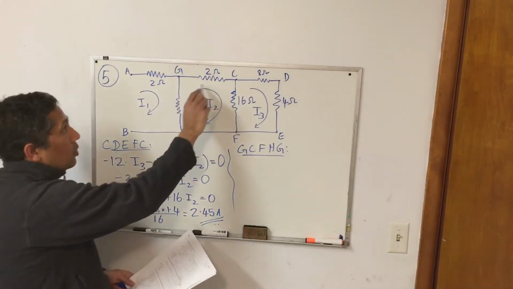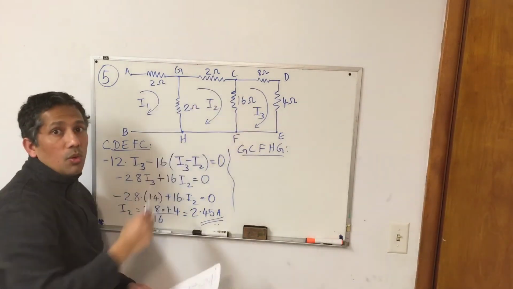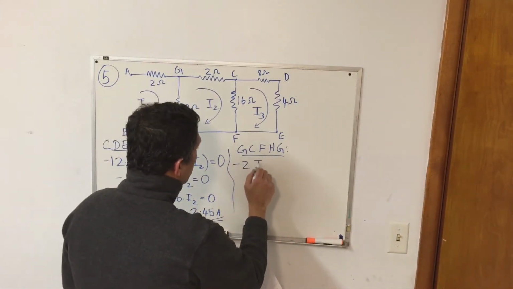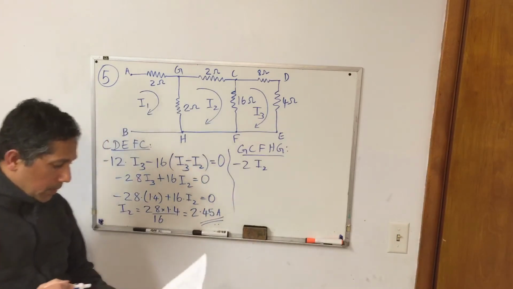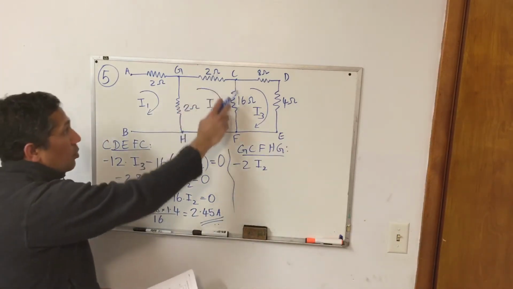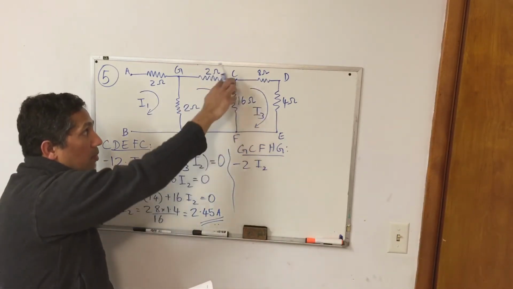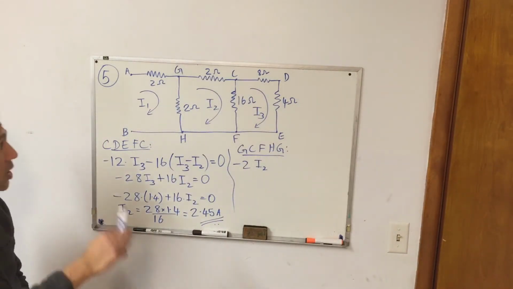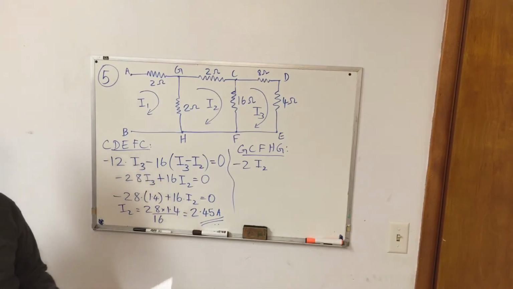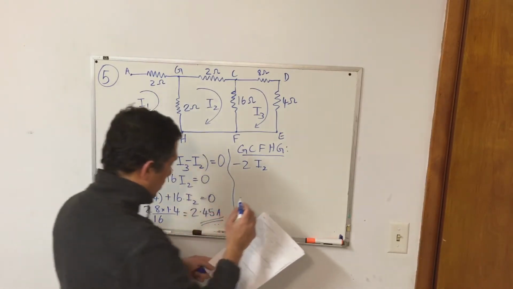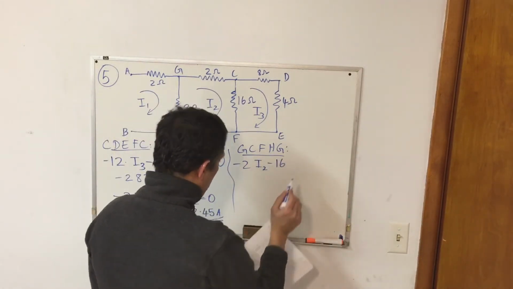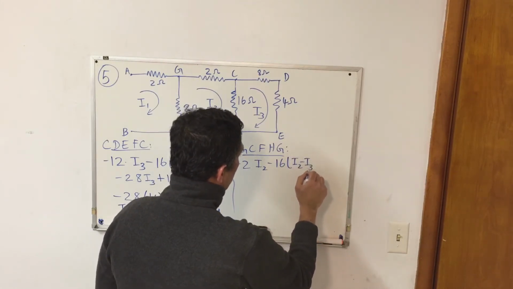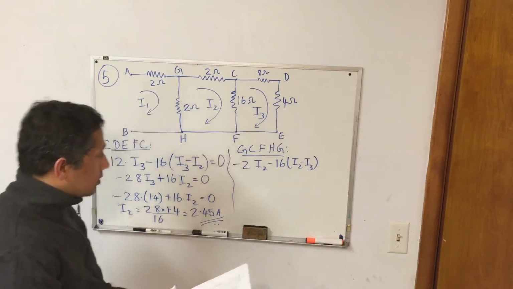Right, and we can go through the same procedure. So you see that I'm going through a 2 ohm resistor, and the current through the 2 ohm resistor is i2. So I have minus 2 times i2, and then I have the 16 ohm resistor, and in this direction I'm going from C to F this time. So the current through the 16 ohm resistor from C to F is of course i2 minus i3. So I have minus 16 times (i2 minus i3), right?